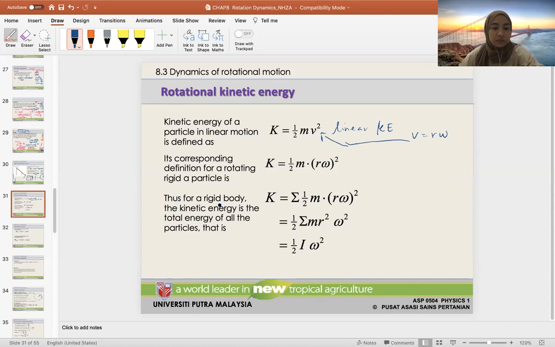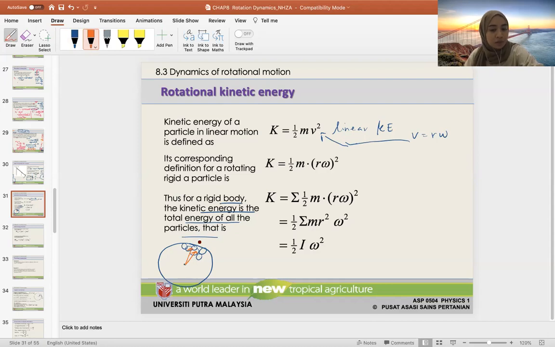Thus for a rigid body, the kinetic energy is the total energy of all particles. Remember I told you for a particular ball, we have many particles, and we have to consider each one's length to the axis of rotation. I know torque is very annoying because we have to consider the length of each atom.